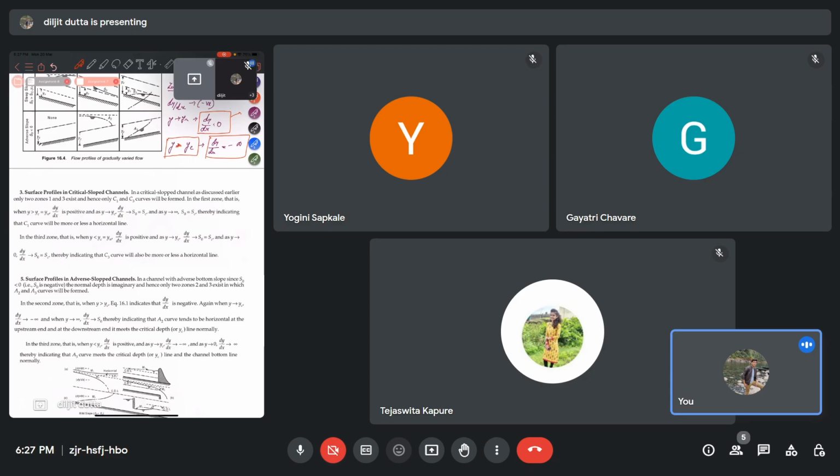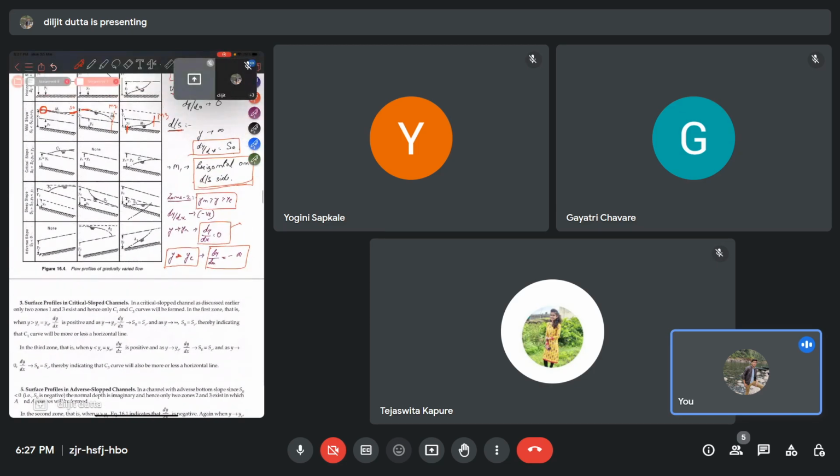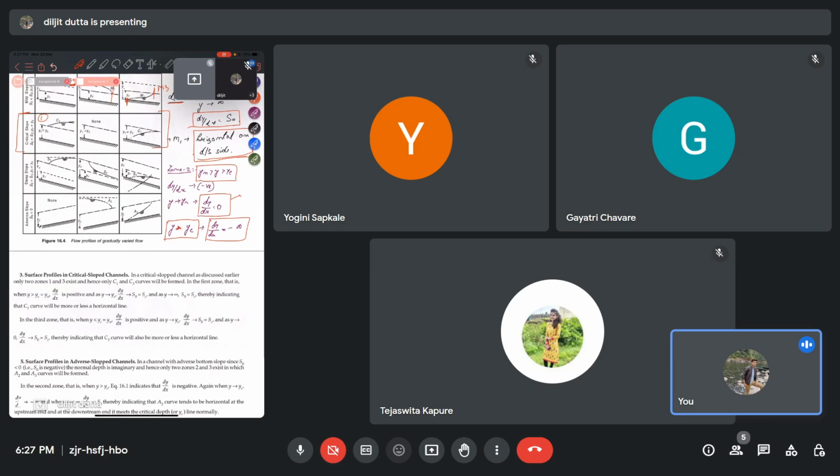In the first zone, when y is greater than yc, this is condition 1. In that case, dy by dx will be positive, as y is greater than yc, so yc by y will be less than 1. Both denominator and numerator will be greater than 0, so the term will be positive, and as y tends to yc, dy by dx will tend to s0.